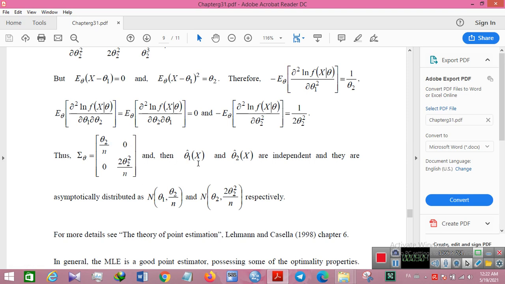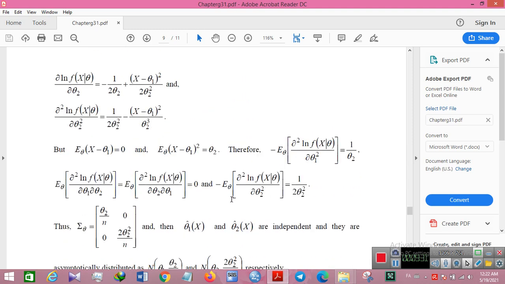So this says that theta 1 and theta 2 are independent and have normal distributions: theta 1 hat, or x bar, is normal with theta 1 and theta 2 over n, and the second one is normal with theta 2 and 2 theta 2 square over n.